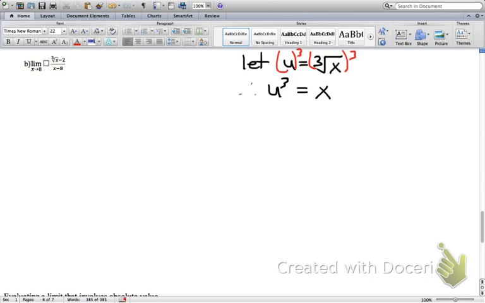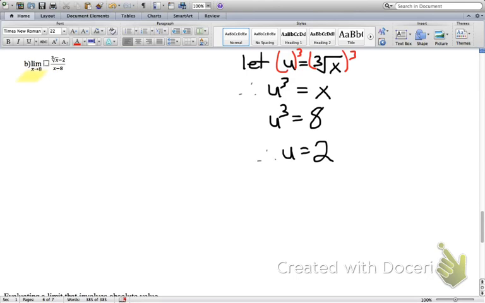And since we have x approaching 8, we want to figure out what u will be approaching. So we are going to sub in 8 for our x value, so u cubed is equal to 8. So therefore, u would just be equal to 2, and you can do that by taking the cubed root of 8.